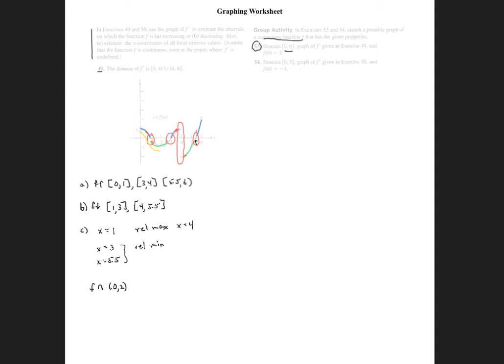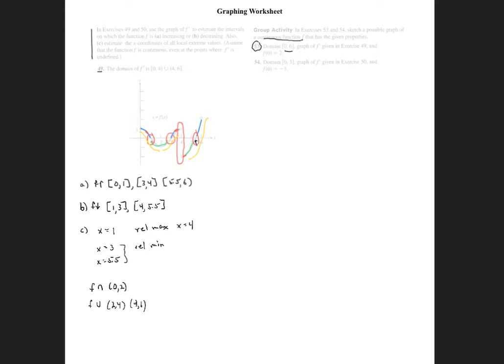I think that's going to be the only place. Then it's going to be concave up where our derivative is increasing, so that's going to be on those intervals. So we can say from 2 to 4 and also from 4 to 6. Okay.